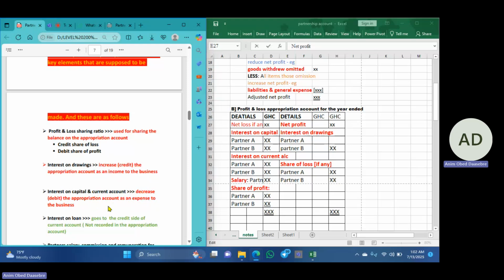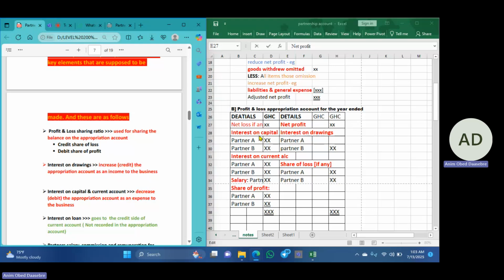They are an expense for the business, because the capital accounts and the current accounts of the partners also earn some interest, and that interest will be seen as an expense to the business, because the business will have to pay this interest to the partners.